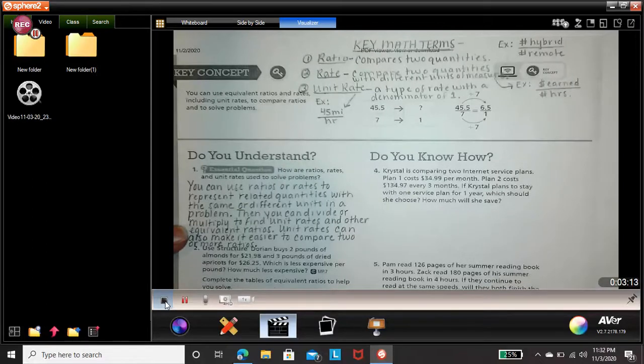Next, under the Do You Understand essential question for number 1, we are going to answer how ratios, rates, and unit rates are used to solve problems. Please begin by writing this information in your notes.